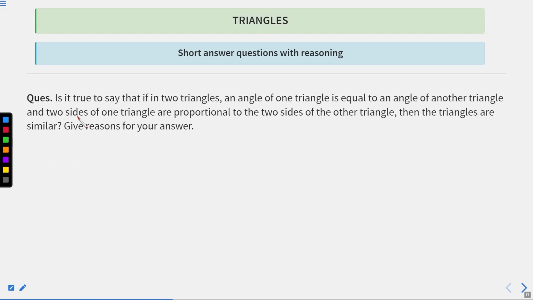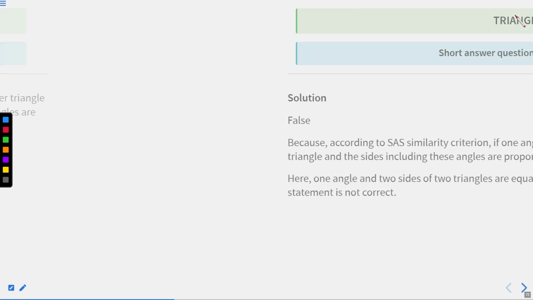It asks us, is it true to say that if in two triangles an angle of one triangle is equal to an angle of another triangle, and two sides of one triangle are proportional to two sides of the other triangle, then the triangles are similar? Give reasons for your answer. Let us see the answer.